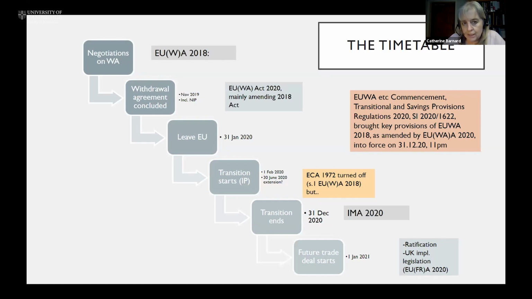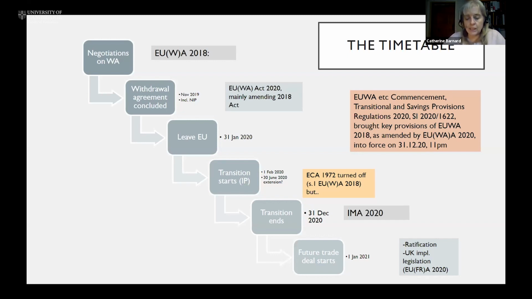And that was given effect into UK law by the EU Withdrawal Agreement Act 2018, by far the most important piece of legislation of this group. And that act has been amended by the 2020 Act, the EU Withdrawal Agreement Act, which amends the EU Withdrawal Act 2018 to give effect to the divorce text.